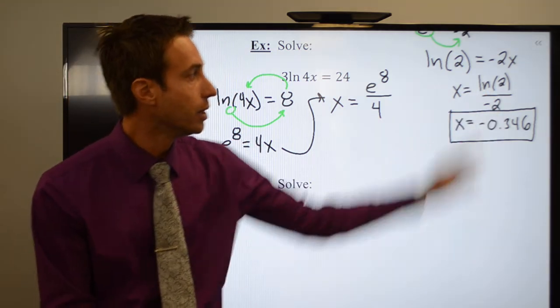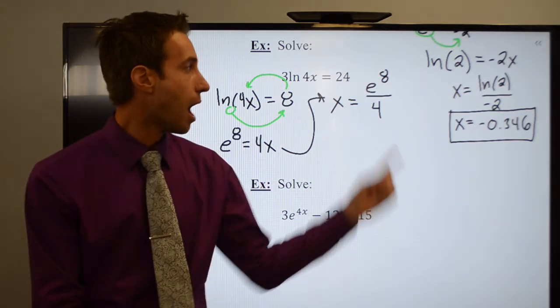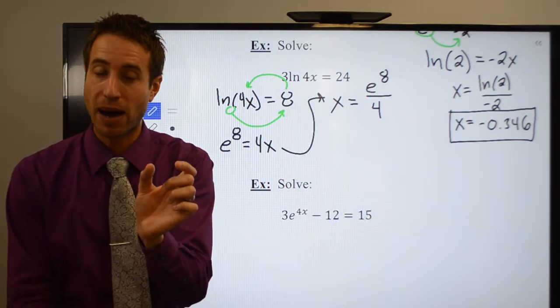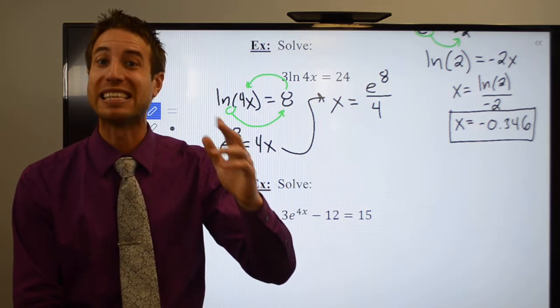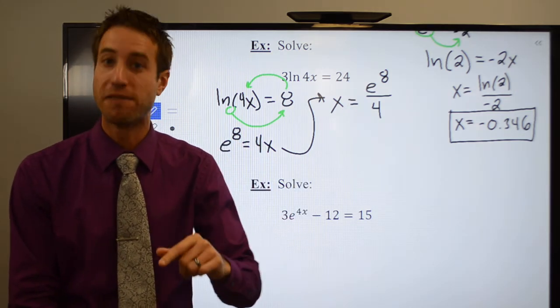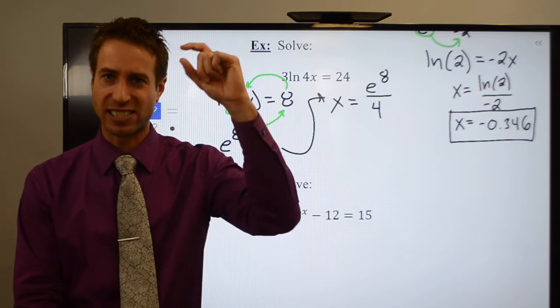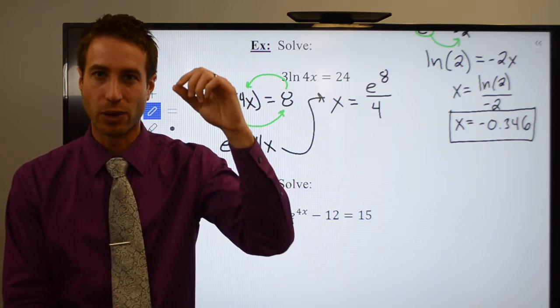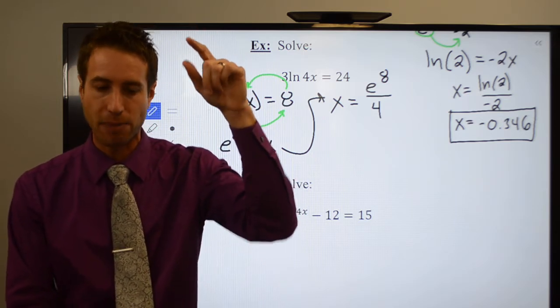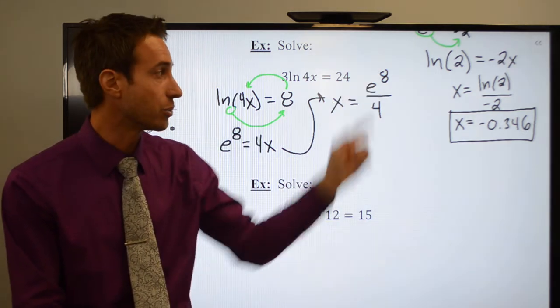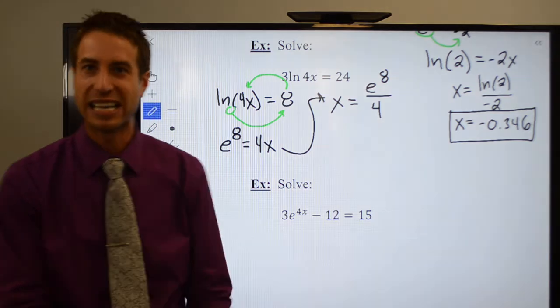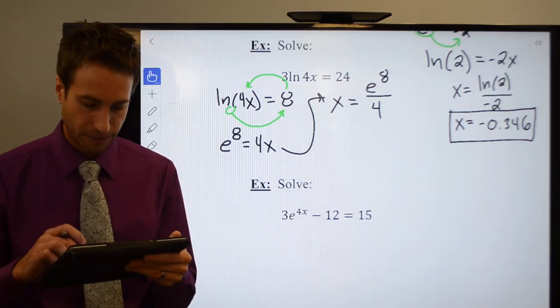Once you find that ln button, the base e, the natural base e exponential, will always be the second function of that ln button. So you should have a second button, probably blue or yellow on your calculator. Hit that second button, then hit ln. It'll drop a base e into your calculator, do e to the 8th divided by 4. Easy peasy, lemon squeezy, you're all set.